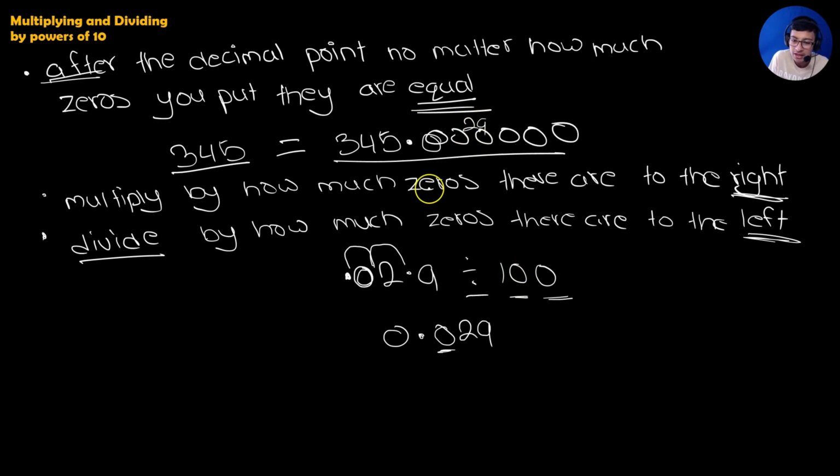If the 0 was after the numbers 29, then the rule would have been applied here. But since it is before the other numbers 2 and 9, it doesn't count here. So our answer is 0.029. Let's try it with one more so we can get a grip of this.